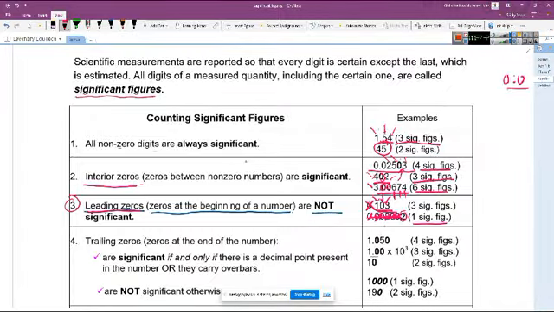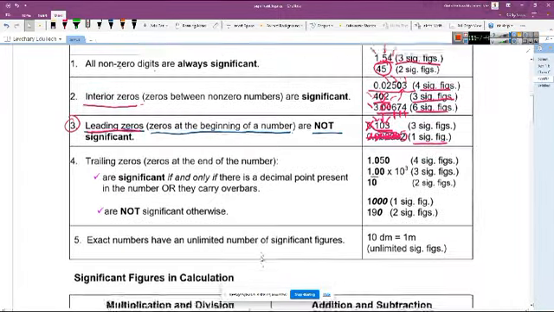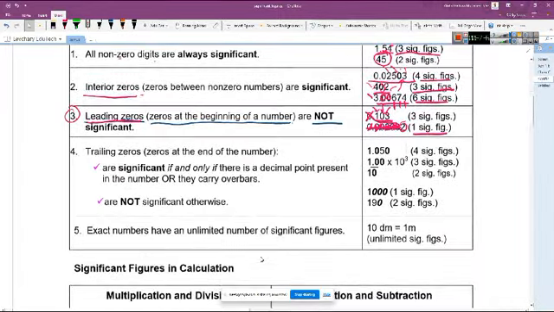And trailing zeros mean zeros at the end. The opposite of leading zeros is trailing zeros, right? So zeros at the end of a number are called trailing zeros, like a tail. Here we have 2 rules.